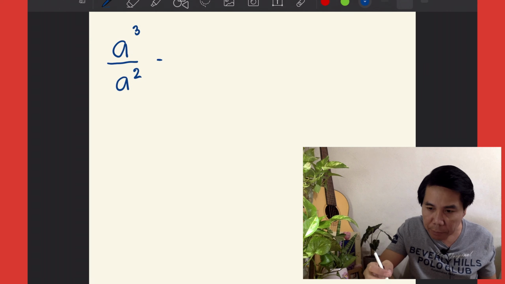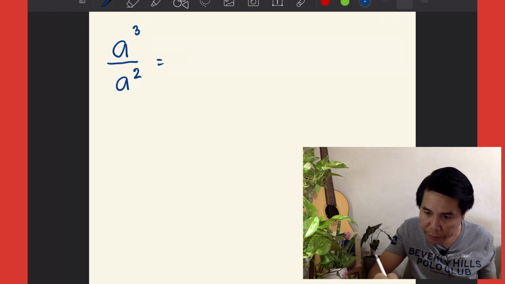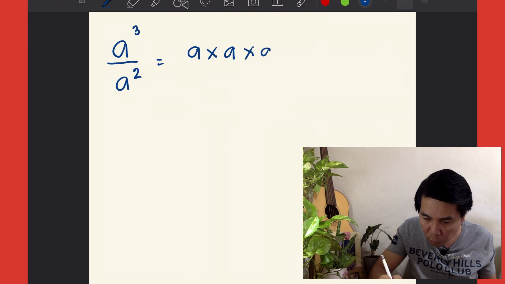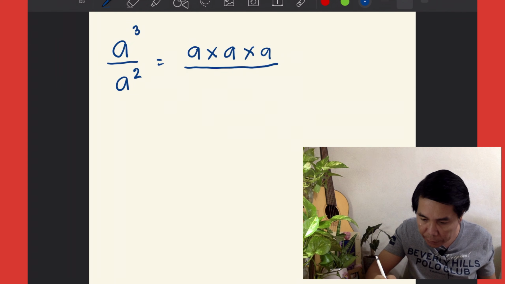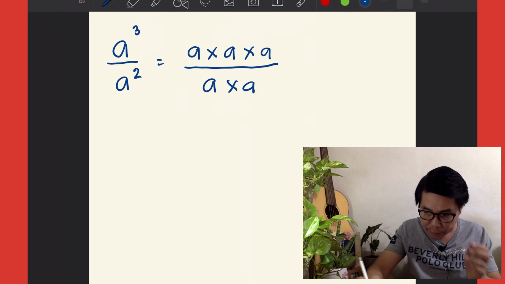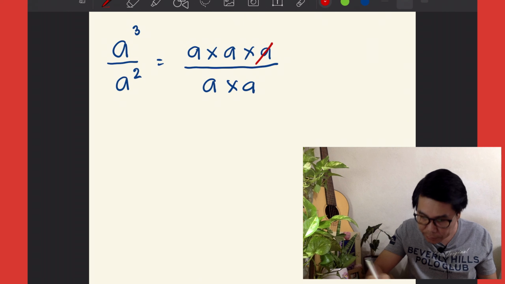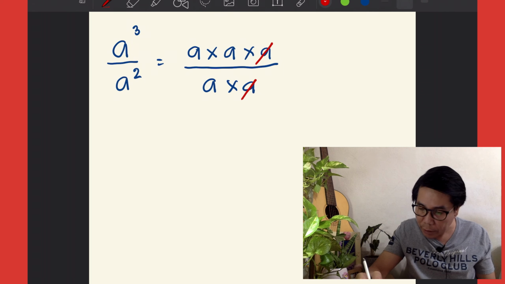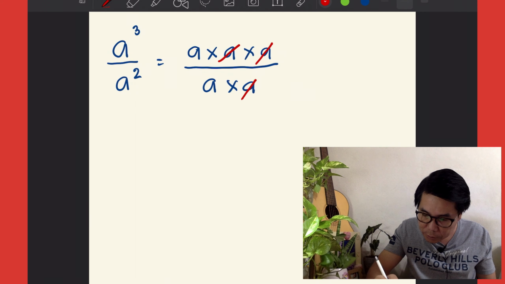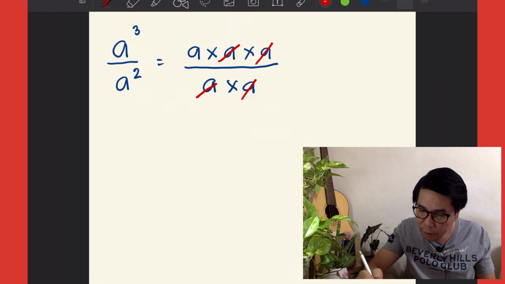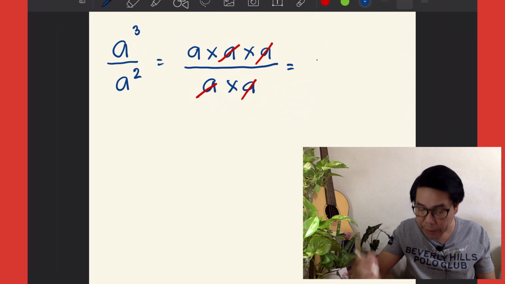So we have a times a times a over a times a. Let's cancel: one a here cancels with the a down below, another a up cancels with the other a down. So what is left is a.